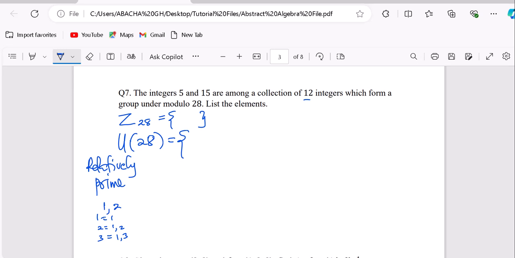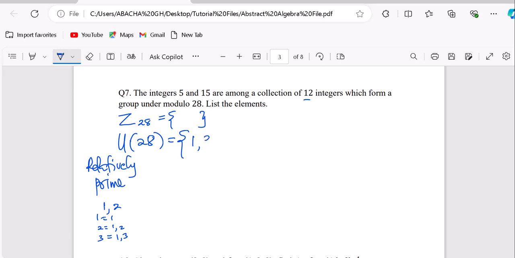We are saying those numbers are relatively prime to 28. Is that okay? 1 will be the first number, because if we take 1 and 28, the only thing they have in common is 1. Now 2 cannot be, because 2 and 28 have a common factor: 2 is part of the factors of 28, so 2 cannot be part.